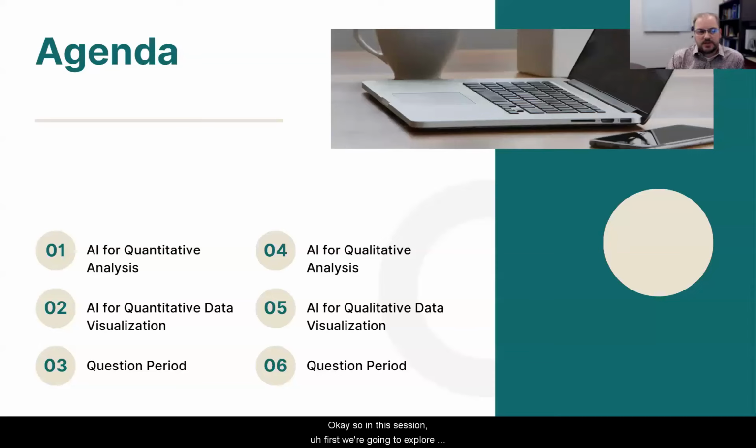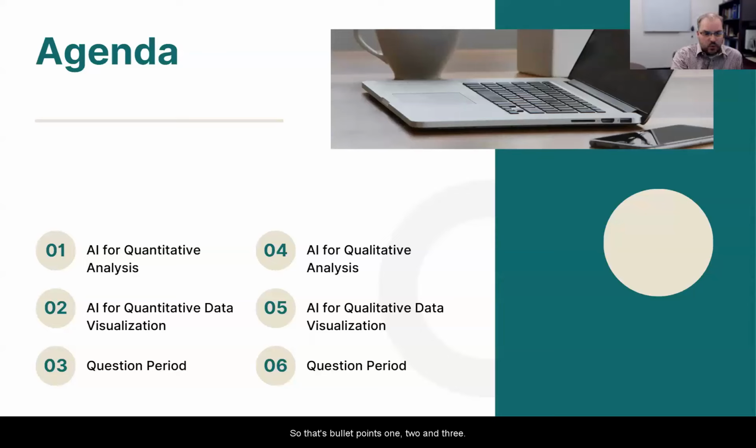In this session, first we're going to explore 6 different AI tools for quantitative data analysis and visualization. We'll provide you with an overview of these systems' capabilities, and we're also going to summarize their usefulness and their cost. We'll do this within the context of 2 cases, or what I like to call mini experiments, so that you can better appreciate how you might use these systems as a researcher.